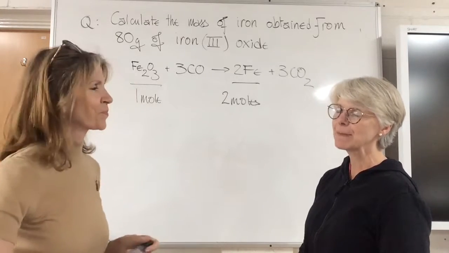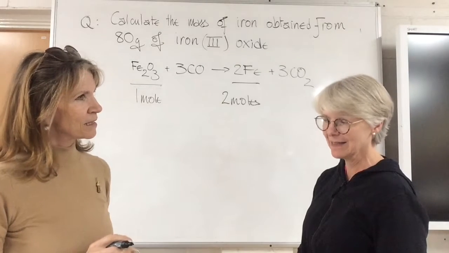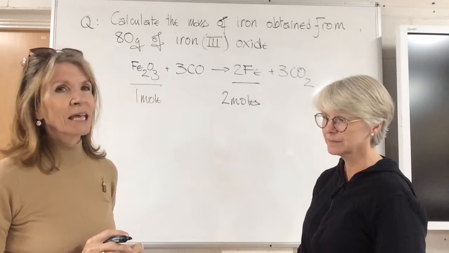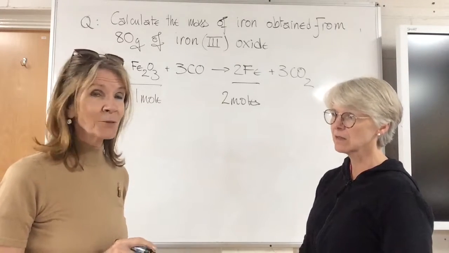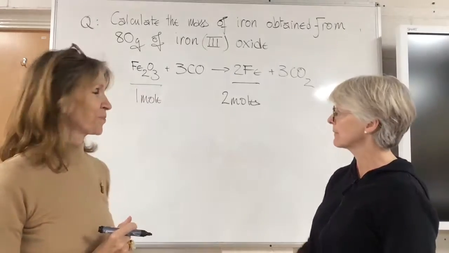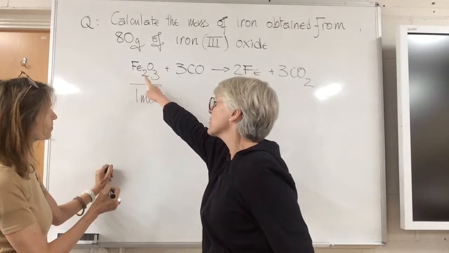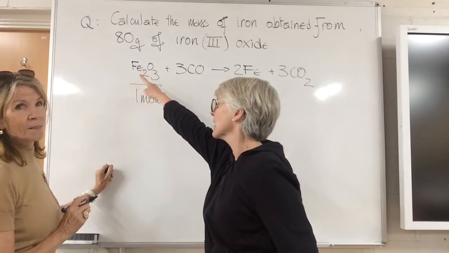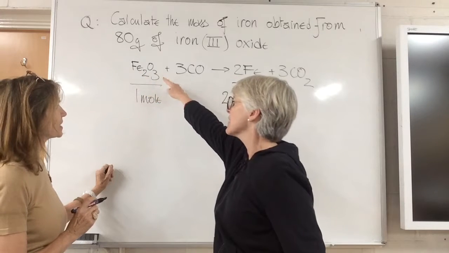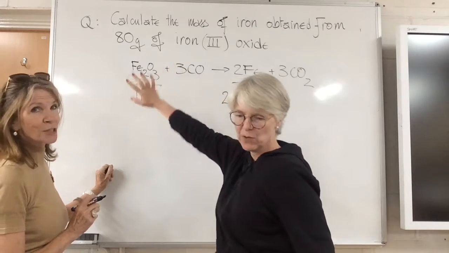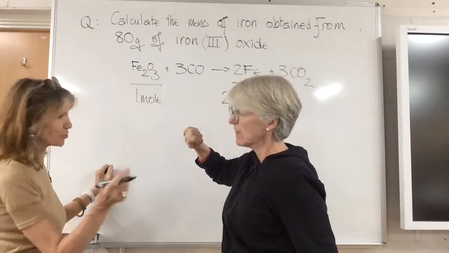So is it correct that the mass of 1 mole of anything is the same as its MR? MR, or AR if you're dealing with atoms. Okay, so here we had 2 irons and 3 oxygens, so we add 2 times 56 for the iron, and then 3 times 16 for the oxygens, in order to get our 160 grams.